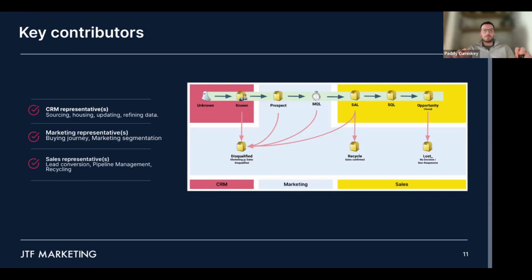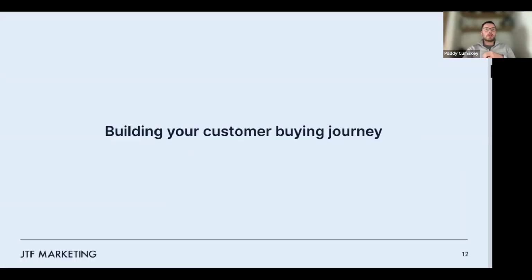We've now got a lot of different teams and a lot of different stakeholders that need to have their input and should have their input into each of these. So when we touch on in a couple of slides how we suggest mapping this out, I would just encourage you to have that in the back of your mind, that you shouldn't build your customer journey and therefore revenue model in silo.